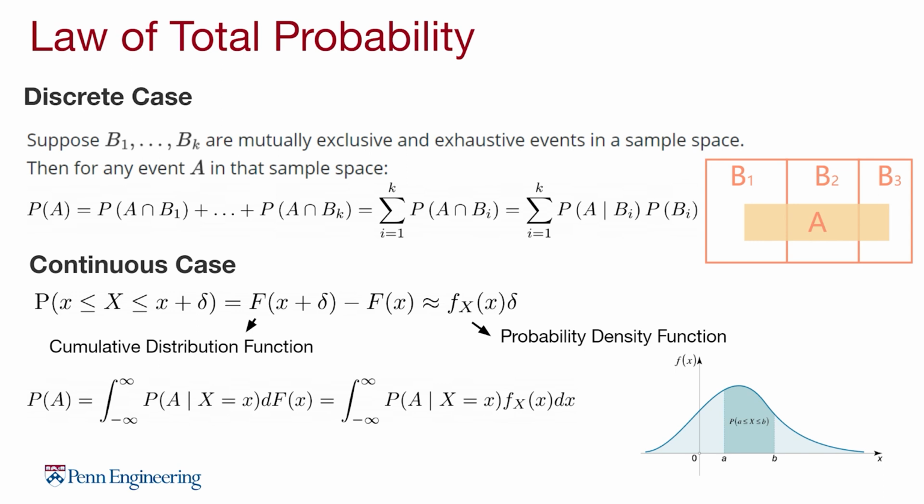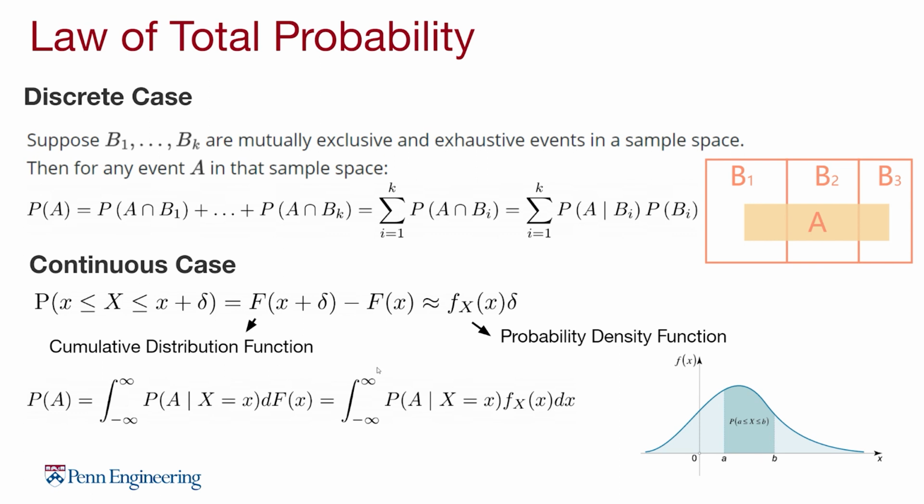For example, the area under the curve between point a and point b will give us the probability of X falling into the range between a and b.